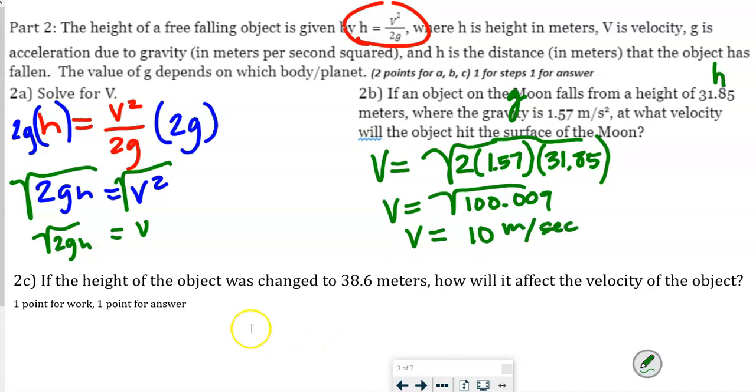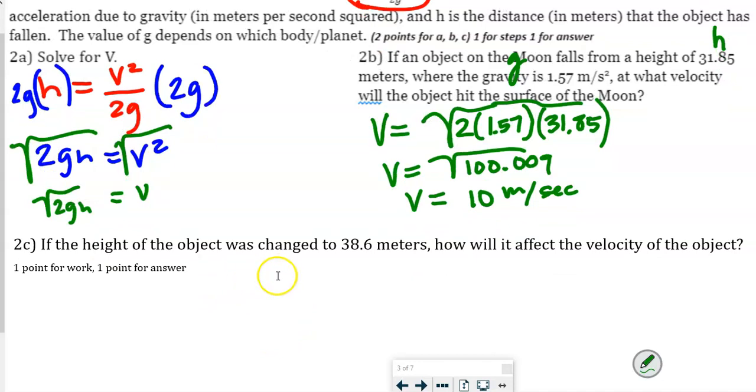Okay? So then part C says, if the height of the object was changed to 38.6 meters, how would it affect velocity of the object? So this time we're changing it to, so this is our new height, right? So we're going to say velocity is equal to, again, the 2 times the 1.57, only this time times 38.6, okay? So again, multiply all three of those together.